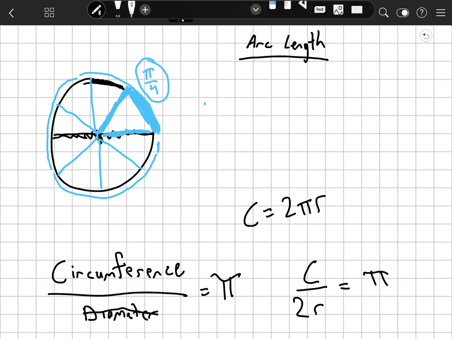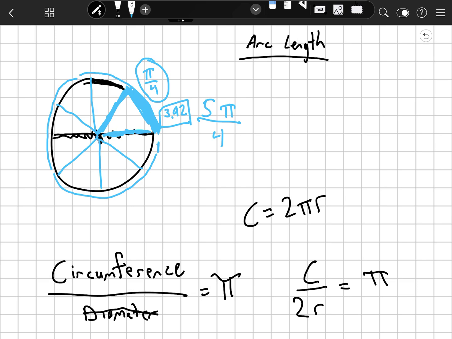So the radius, if it was 5 in this case, it'd be 5 times pi over 4. And you would get 5 pi divided by 4, about 3.92. So hopefully that helps you understand what's going on there.